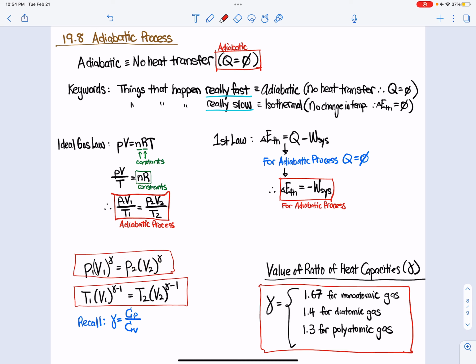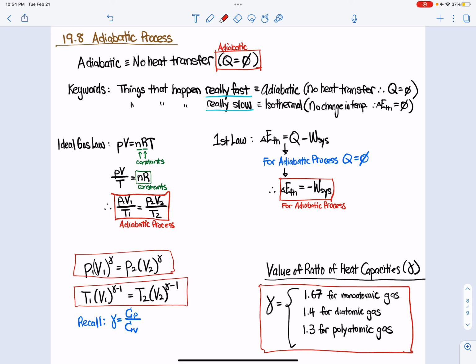It's just something you should know and have in your cheat sheet. T1, initial temperature times initial volume to the power of gamma minus 1 is equal to final temperature times final volume to the power of gamma minus 1, right? Okay, that's another formula you should know.